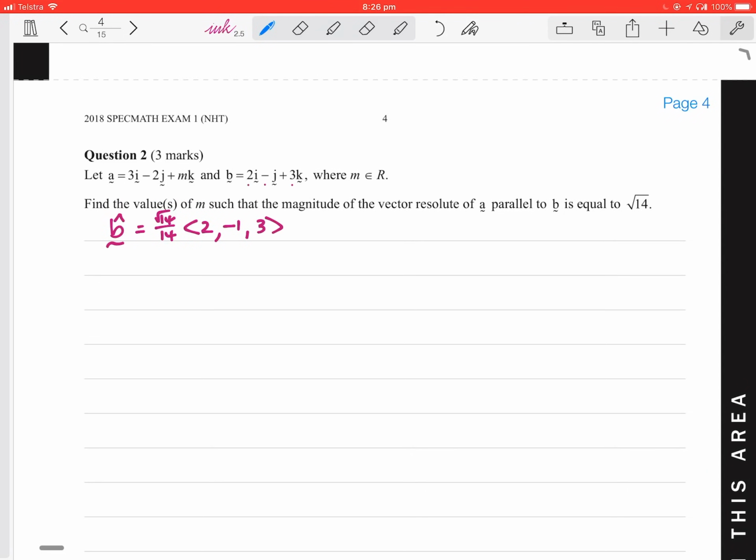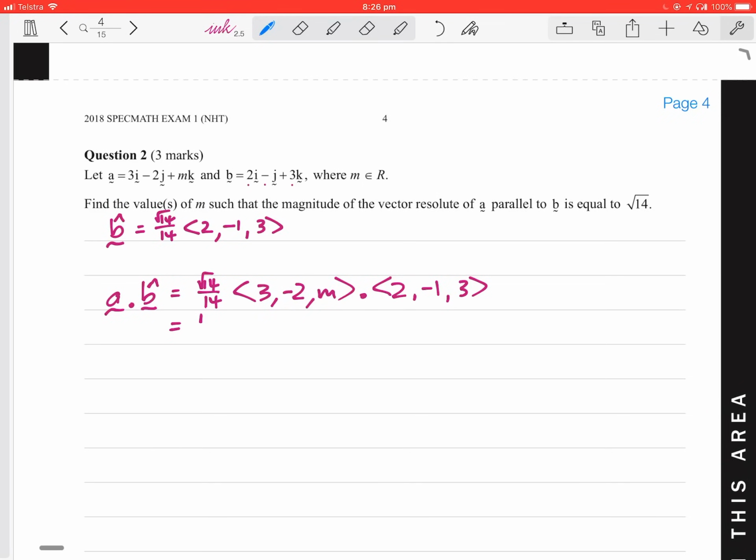Now if we do A dot B hat, that gives us root 14 on 14 times (3, negative 2, m) dotted with (2, negative 1, 3).